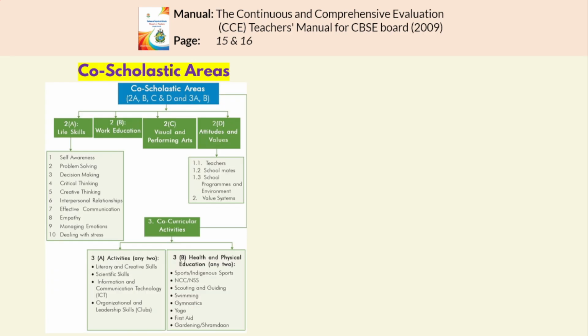Now according to the teacher's manual, the co-scholastic areas which a teacher has to evaluate are life skill, work education, visual and performing art, attitudes and values and co-curricular activities. In life skill, the teacher needs to evaluate self-awareness, problem solving, decision making, critical thinking, creative thinking, interpersonal relationships, effective communication, empathy, managing emotions and dealing with stress.